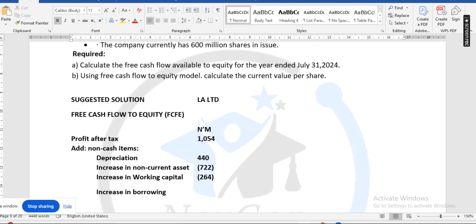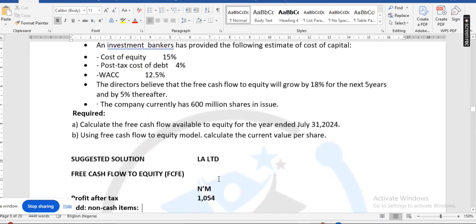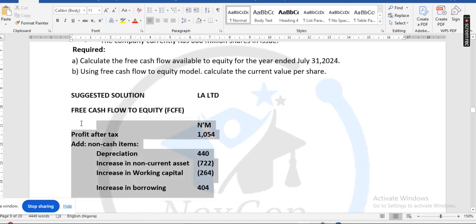From our format, I think this is all on it, right? If you check, we don't have any other information that has to do with any other thing. Don't forget, you add your non-cash item, any increase or decrease in your working capital, your borrowing, right? And this is all we have. So now let's check what is our free cash flow to equity.